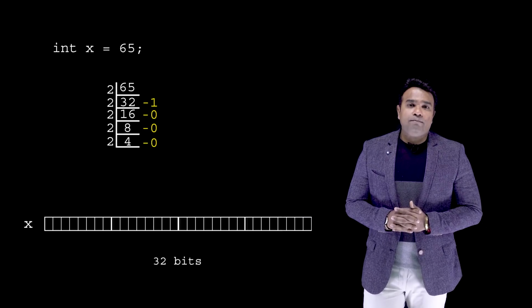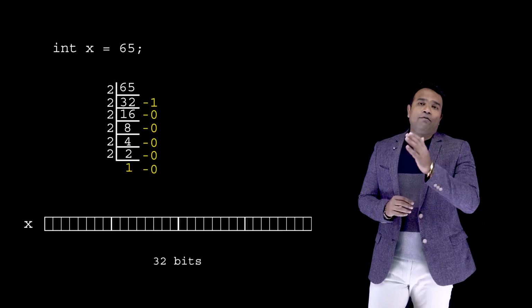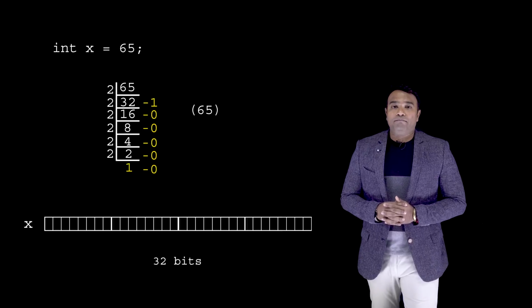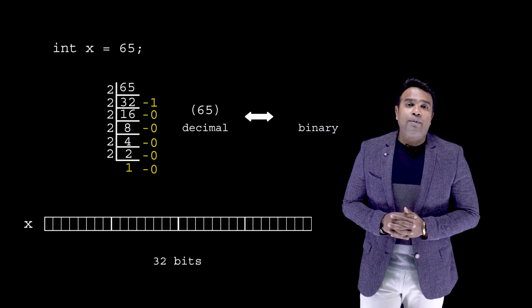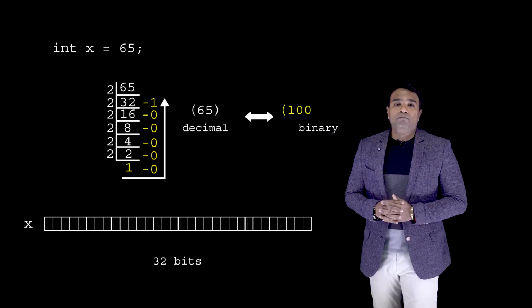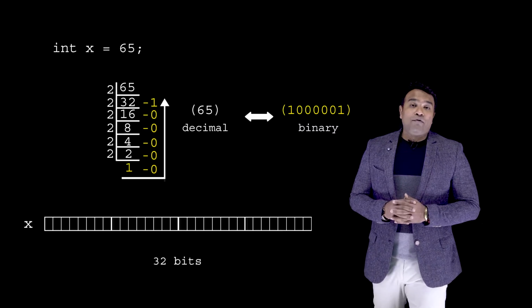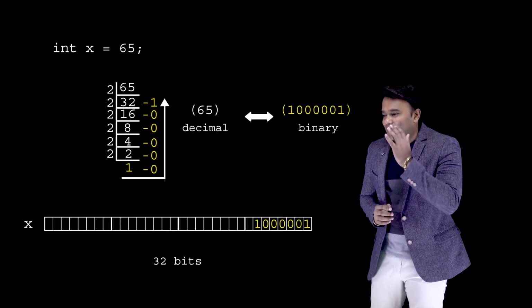Again divide by 2, the remainder is 0, and again when I divide by 2, the remainder is 0, and finally, what I understand is that 65, which is in the decimal form, when converted to the binary form, happens to be 1000001. And this binary form is what gets stored in the variable x like this.